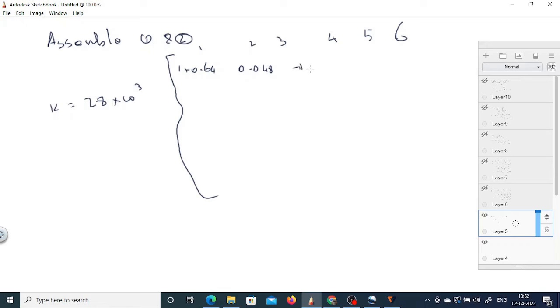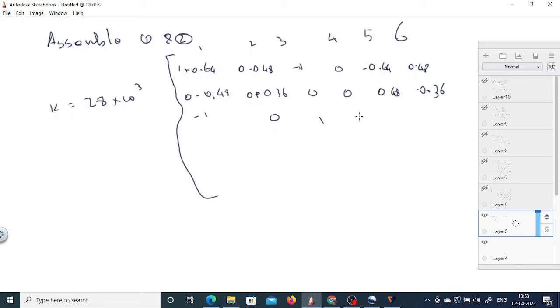The third and fourth I neglected, so minus 1, in the fourth 0, but in the fifth minus 0.64 and then 0.48. The same thing I perform, 0 minus 0.48. After that I compare the first equation and the second equation. I collect 0 plus 0.36, 0.48, and then minus 0.36, and other entries I can recollect from those equations.